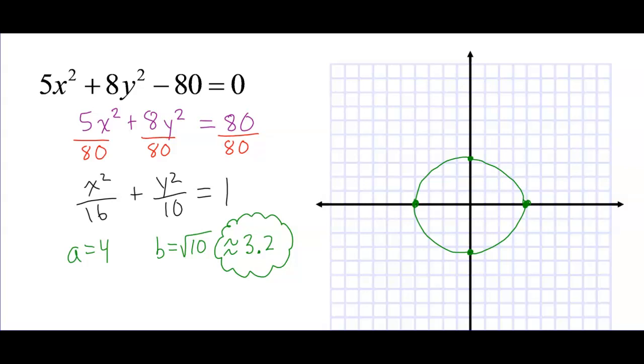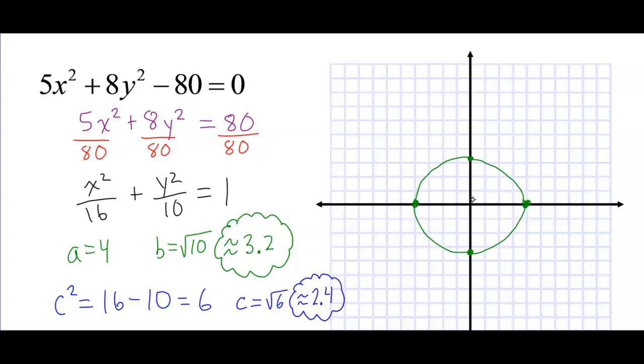So to figure out the foci, we're again going to do c squared equals, and in this case, a squared is bigger than b squared, so make sure you're always subtracting in the logical order. So c comes out to be square root of 6, and again, that's no good. We're going to turn it into a decimal so that we can approximate about where it's at. Square root of 6 is almost 2.5. It's like 2.4 or something.